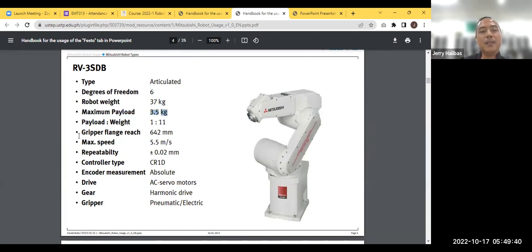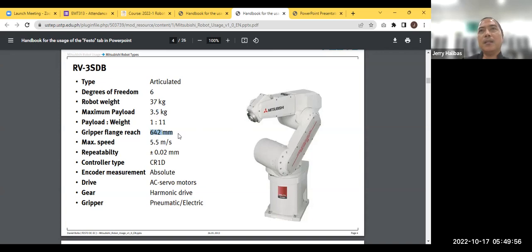Then the gripper flange reach, so wala kay tool dire. It's ang pinakalayo niya maabot, yang reach is 642 mm.